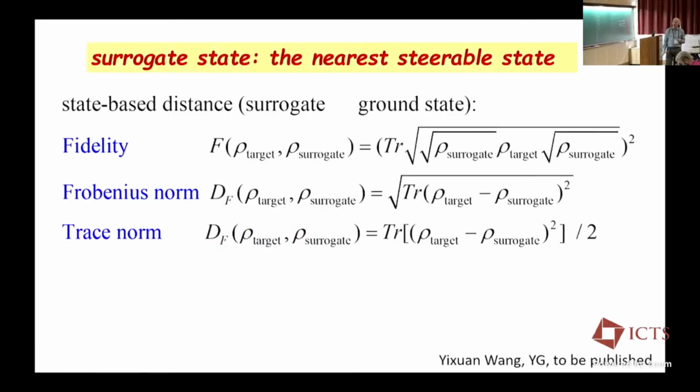And I invoke the notion of a surrogate state. Surrogate state is the state in Hilbert space which is closest to my target state, which is not steerable, but is still steerable.